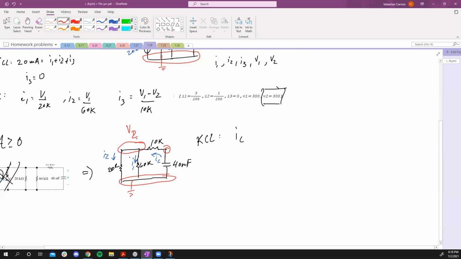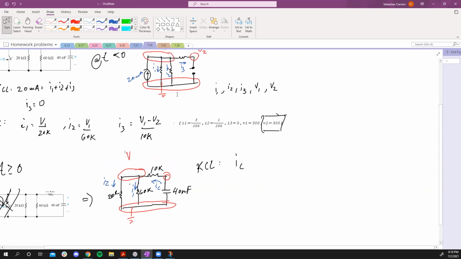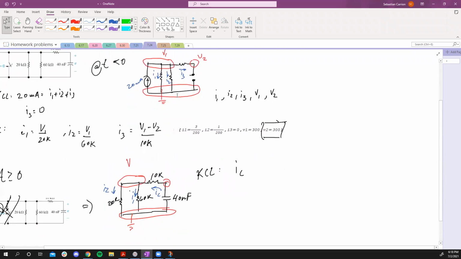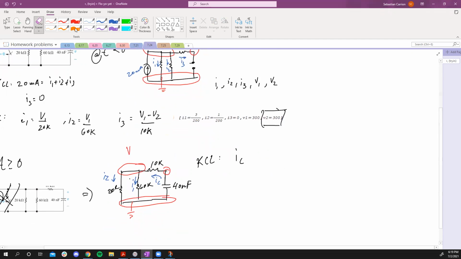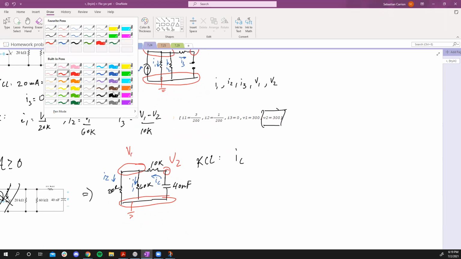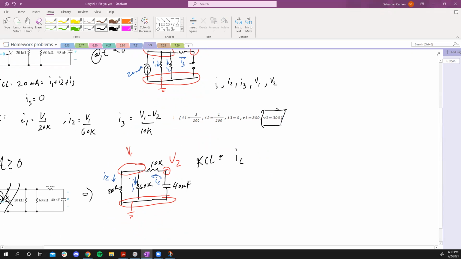I'm going to call this V1, V2. Okay. IC equals I2 plus I1, right? Then we want to do the element equations.